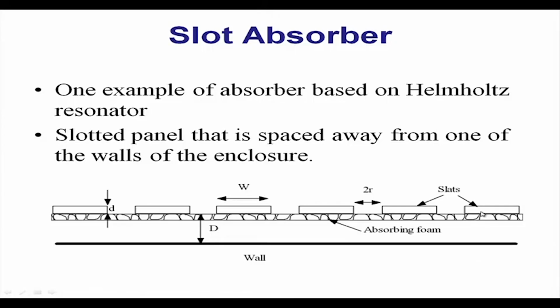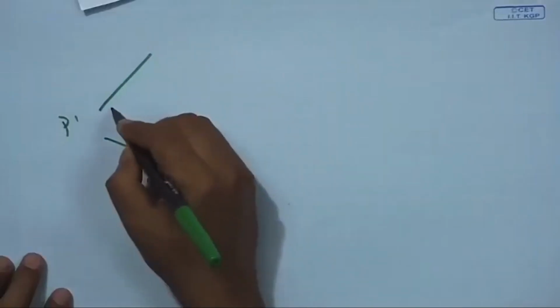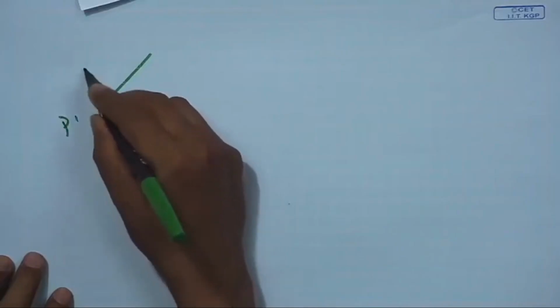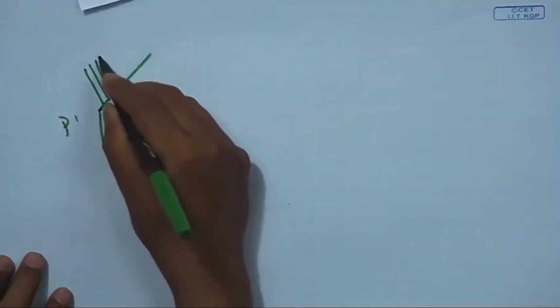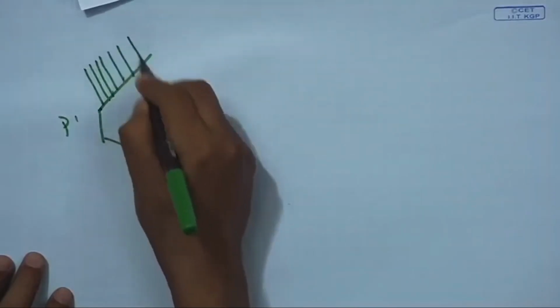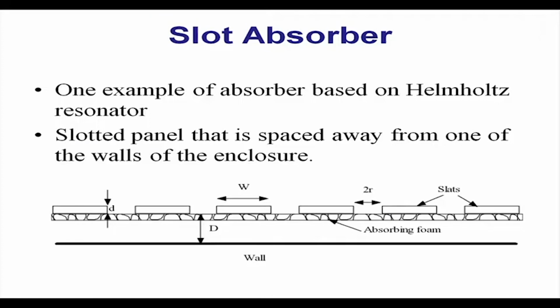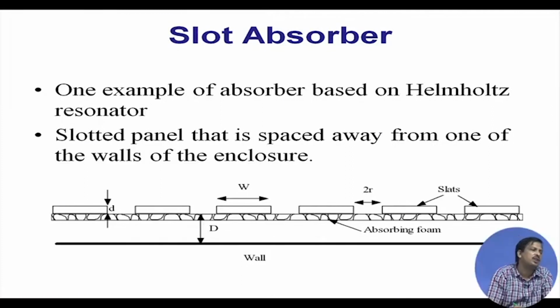If you see the auditorium, at the front part, just close to the stage, there is a wooden slot placed on the wall. This slot width and depth is not random, it has to be designed based on the requirement.